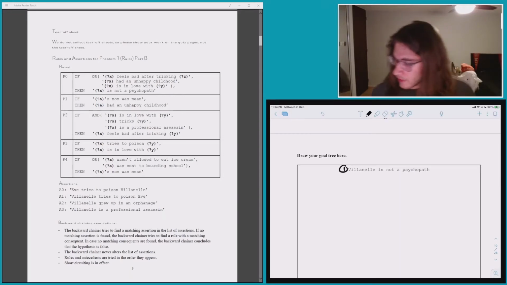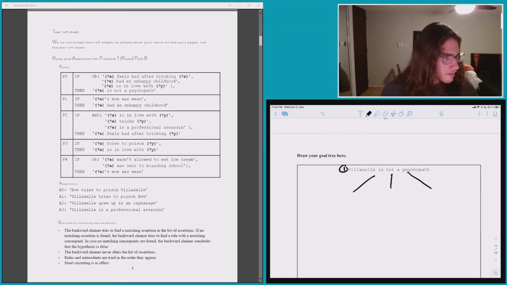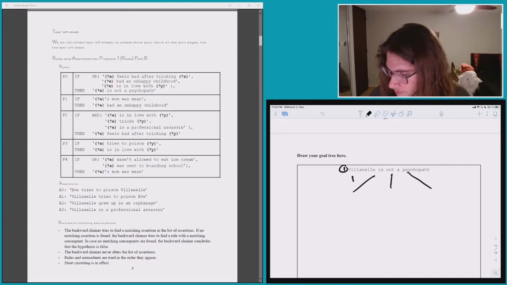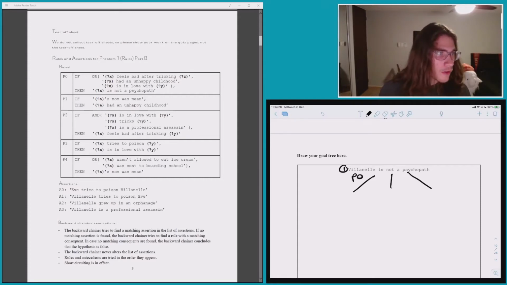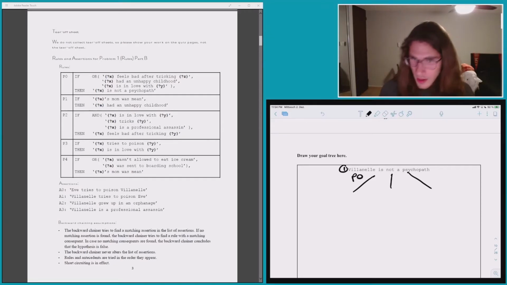Okay, so Villanelle's not a psychopath. It matches with P0. Thankfully, that's an OR node, so we start off easy.